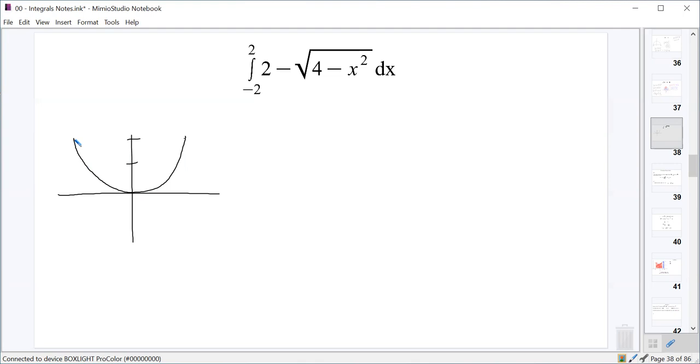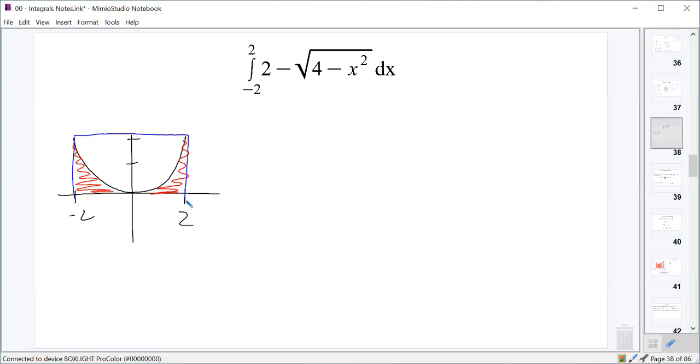So this complicates things a little bit as we go from negative 2 to 2 over here, because what we're actually looking for is not the area inside the semicircle, it's the area between the function and the x-axis. So it's actually what's outside of that semicircle. Now, in the last problem, we had a little rectangle here.